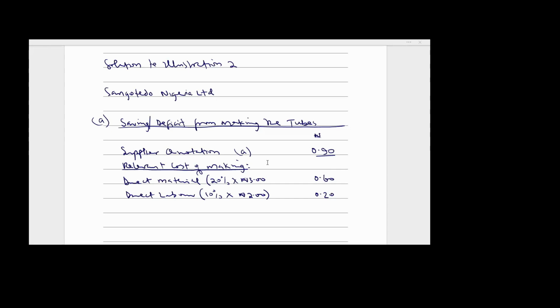My fixed overhead will then be 100,000 naira divided by 100,000 boxes, which is 1 naira. If my fixed overhead is 1 naira and my total overhead is 1 naira 50 kobo, therefore variable overhead will be 1 naira 50 kobo minus 1 naira, which is 50 kobo.